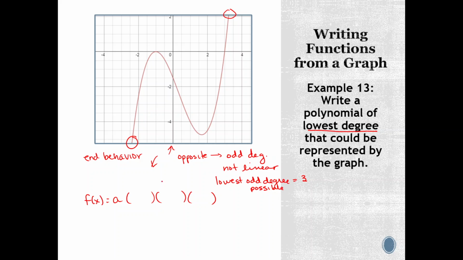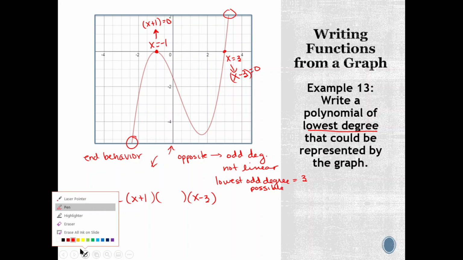Now, how do I find the factors? Well, I need to go find the roots. Okay, now the root will tell me the factor. So this one tells me x plus 1. Okay. This one tells me x minus 3. But that's only 2 of them, and I only have 2 roots. But I do notice something.